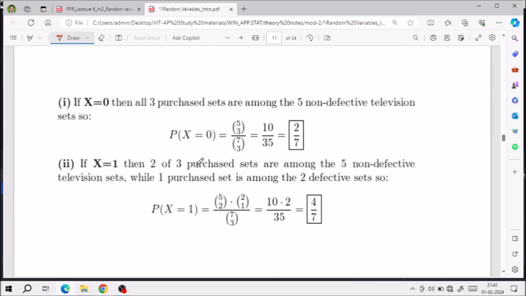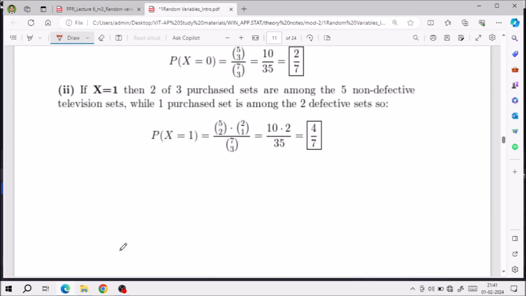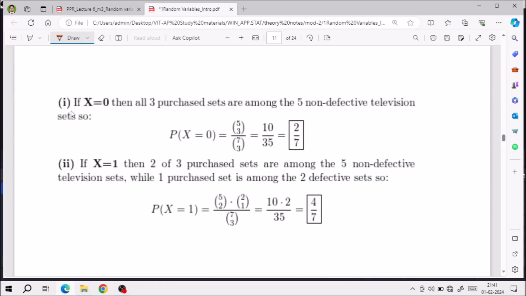Now see, X equals 0 means no defective. How to find the probability? Here you are taking 3 sets from 7. How many ways can you take 3 sets from 7? 7C3 ways.